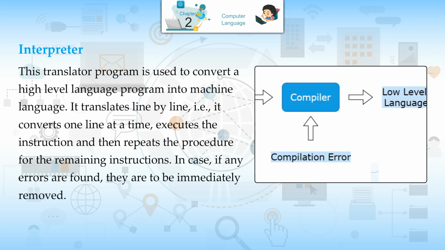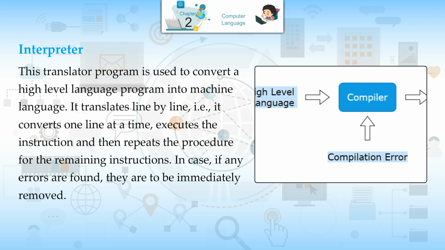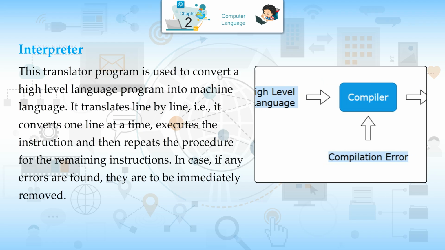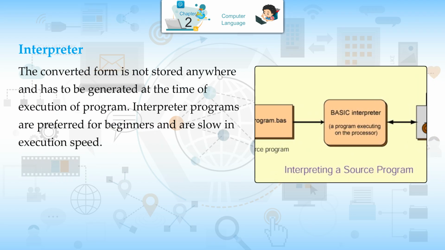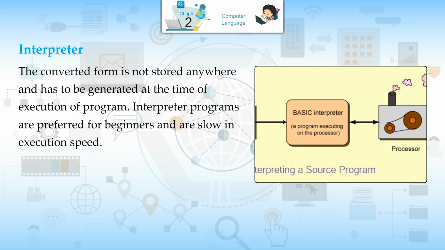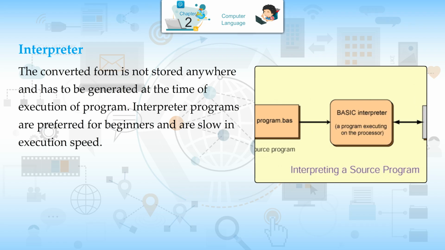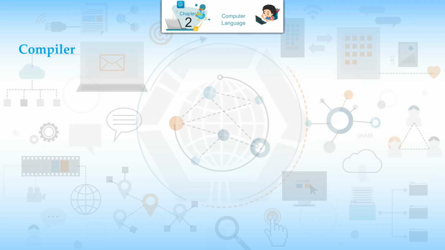That is, it converts one line at a time, executes the instruction, and then repeats the procedure for the remaining instructions. In case any errors are found, they are to be immediately removed. The converted form is not stored anywhere and has to be generated at the time of execution of the program. Interpreter programs are preferred for beginners and are slow in execution speed.